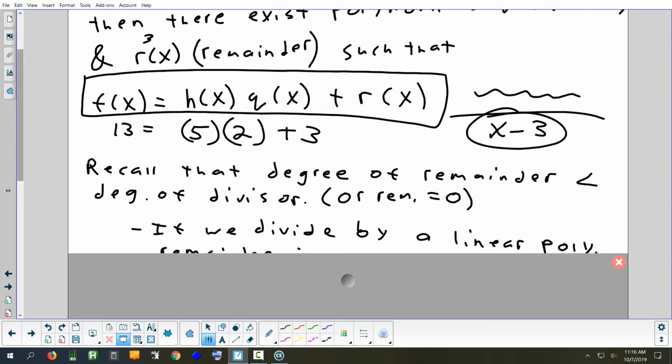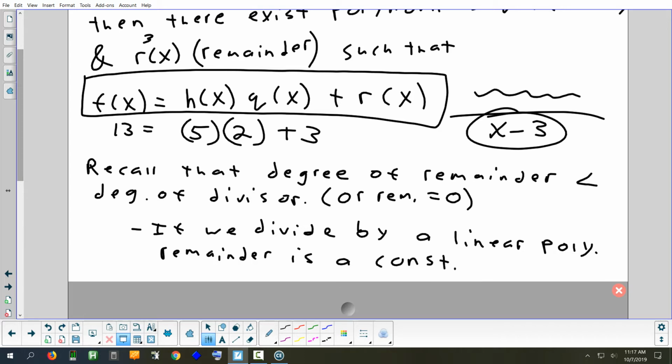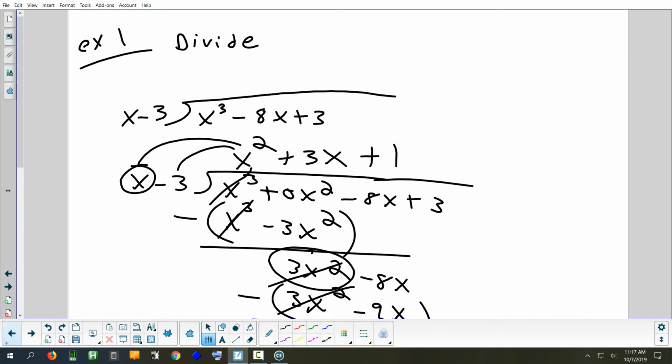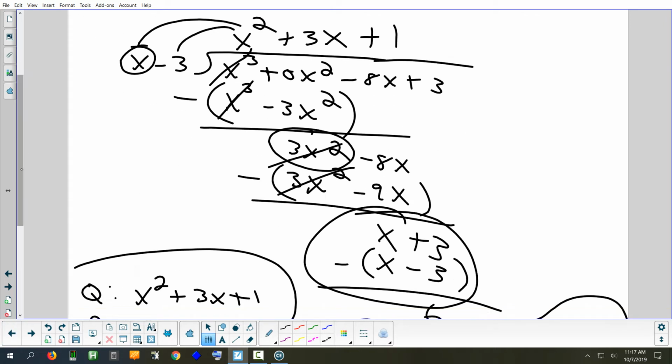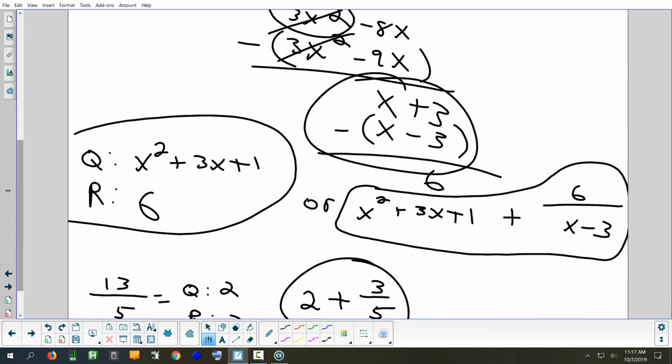What's the degree of something that's linear? 1. And the remainder has to be less. So what's less than a degree 1? 0. A constant. So anytime that you divide by something linear, the remainder is always a constant. It's just a number. And I gave you guys an example of that right here. You divided by something linear, and the remainder was just a number, just a 6.